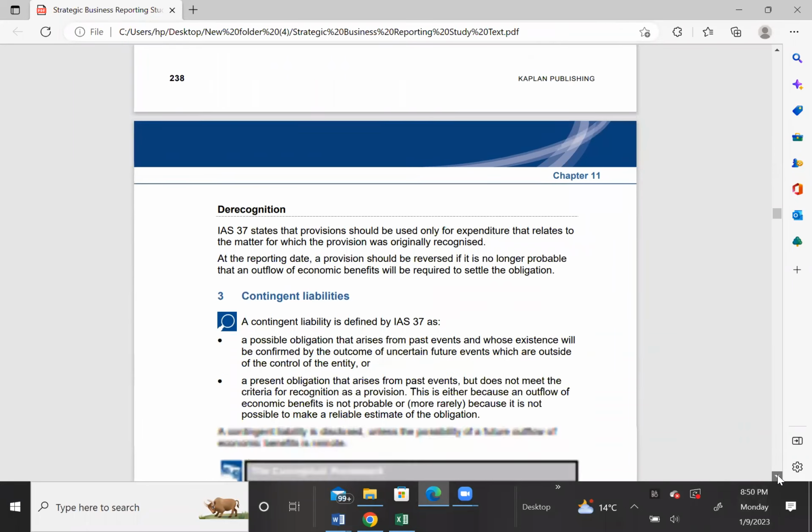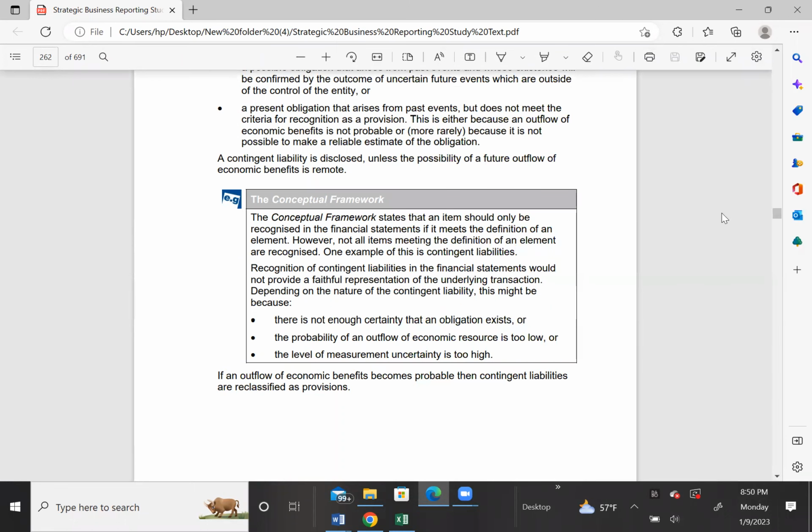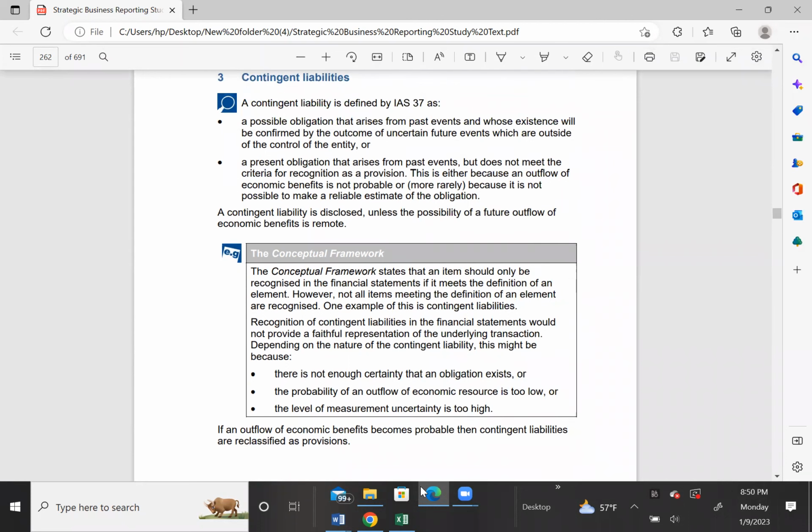Now, contingent liabilities. What are contingent liabilities? What is meant by a contingent liability, students?